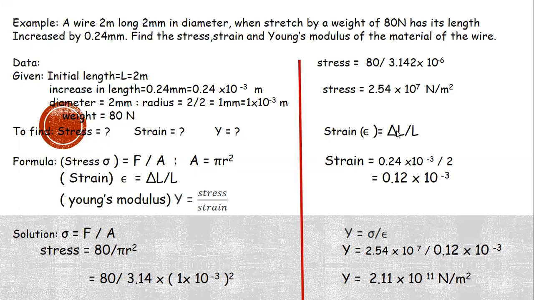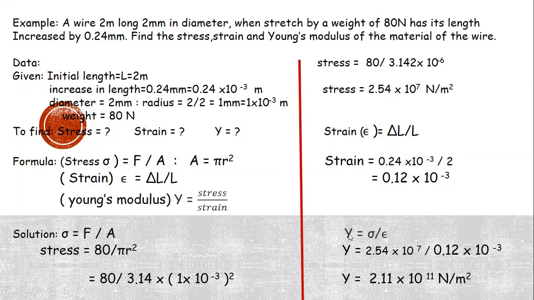Now strain is equal to change in length upon original length. Change in length is 0.24 into 10 power minus 3 meters, divided by the original length, 2 meters. So the strain comes out to be 0.12 into 10 power minus 3, and it is just a number, the ratio of two similar quantities.